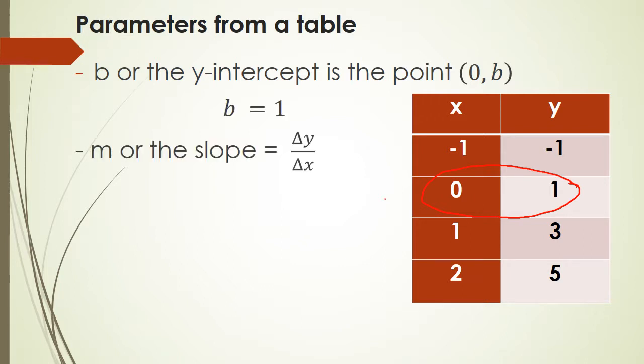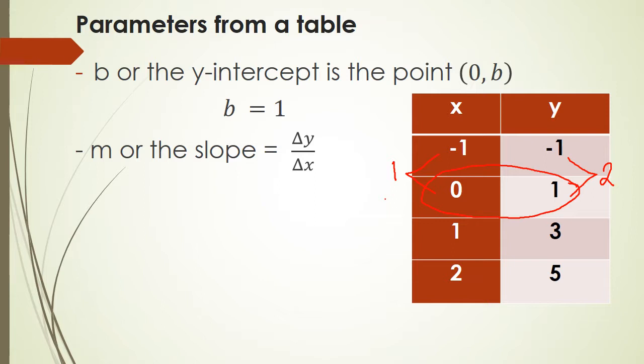Now, to find the slope, I know that the slope is the difference in the y over the difference in the x. So by looking at this table, I can find the difference of the y by finding the difference in any two values in the table. So I'm going to choose these two values, 1 minus negative 1, which is 2, and then the difference in the x, which is 0 minus negative 1, which is 1.